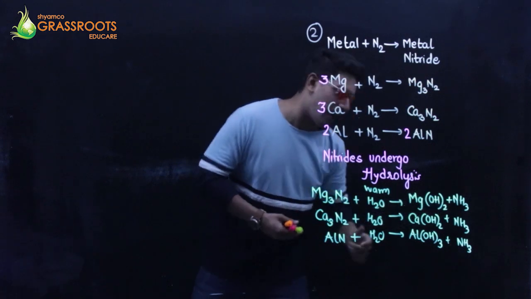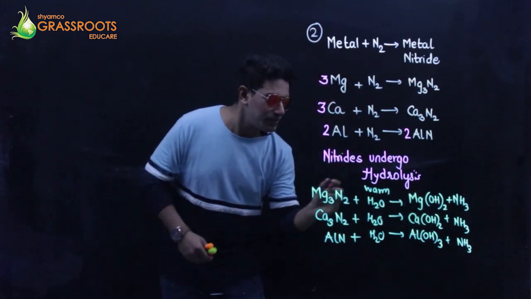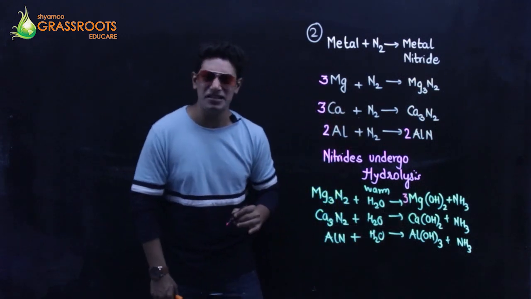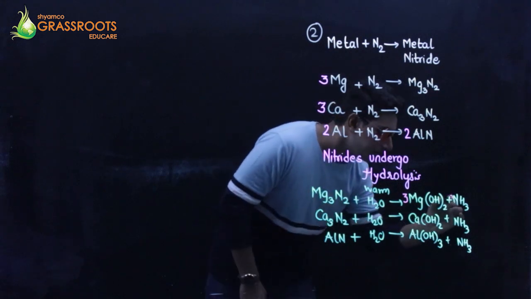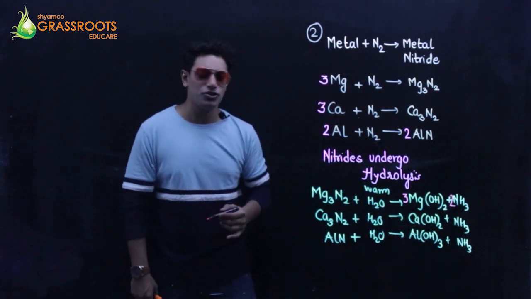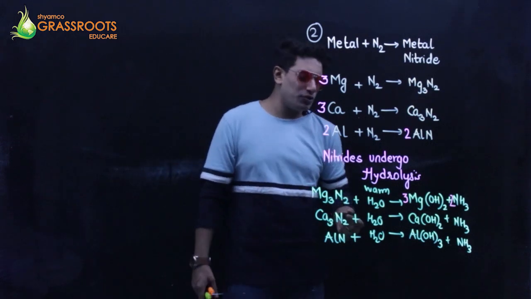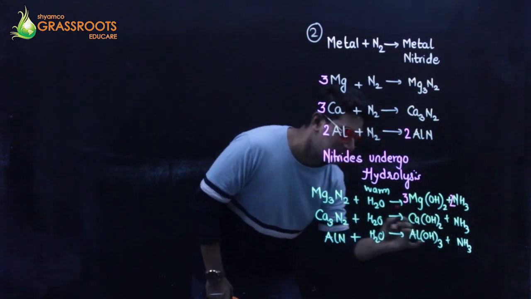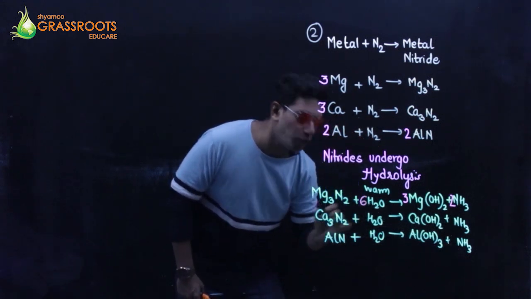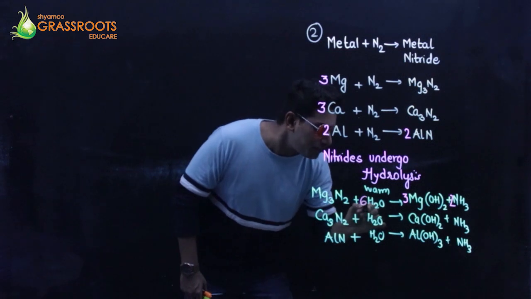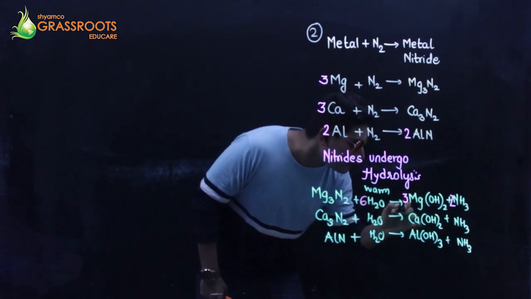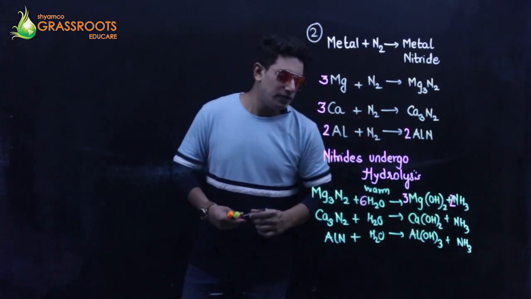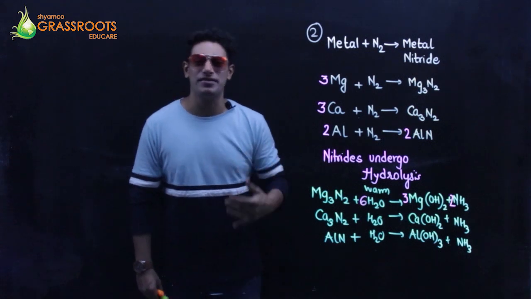So 3 magnesium is balanced, 2 nitrogen is balanced. Oxygen is 3 twos are 6, to make a 6 out here. 12 hydrogen, 2 threes are 6 plus 6, it's going to be 12 hydrogen. So I get the first equation as balanced.